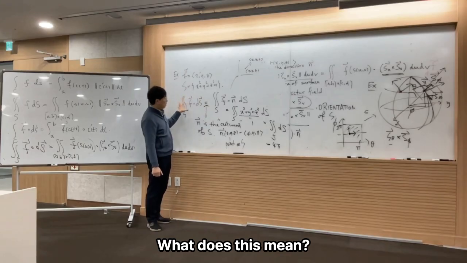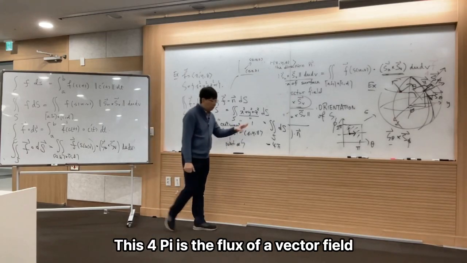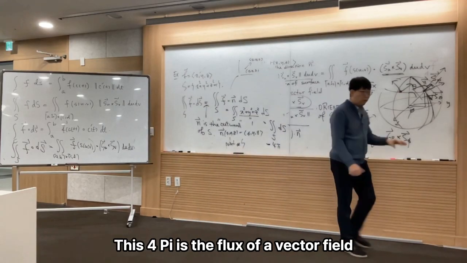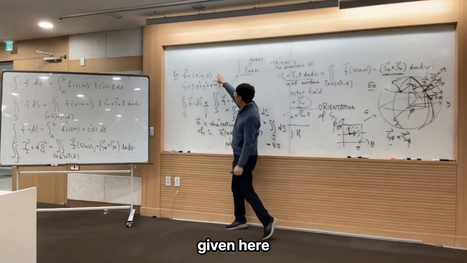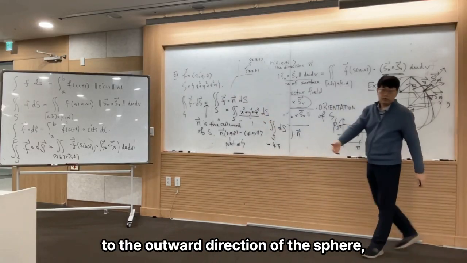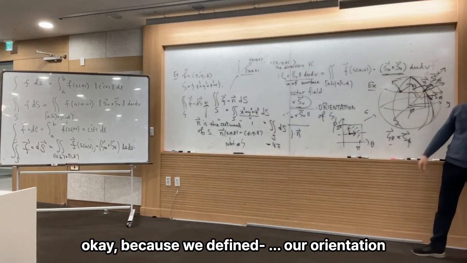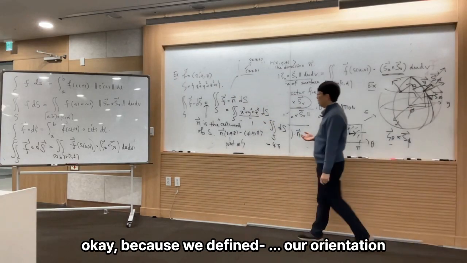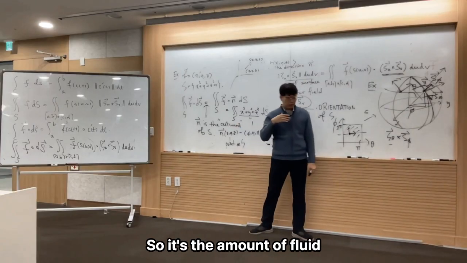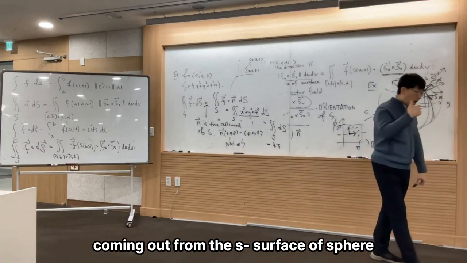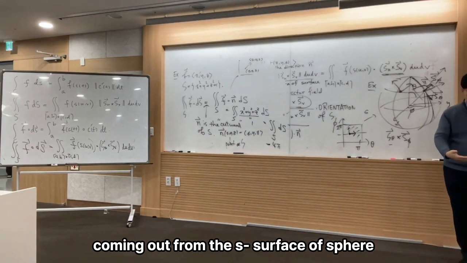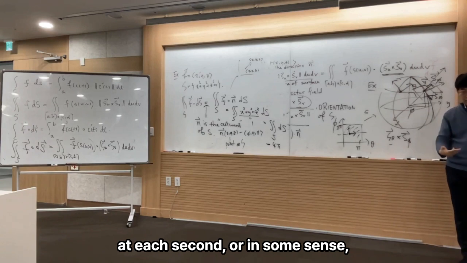What does this mean? This 4 pi is the flux of the vector field given here in the outward direction of the sphere. Okay, because we defined our orientation to be the outward. So it's the amount of fluid coming out from the surface of the sphere each second.